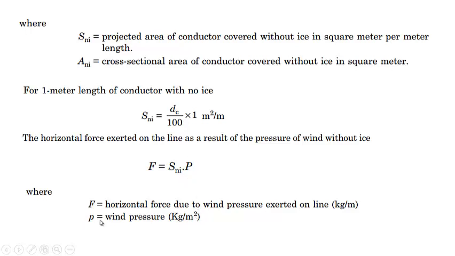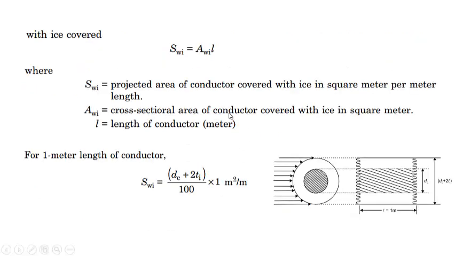So F is the horizontal force due to wind pressure exerted on the line, and p is the wind pressure given in kg per meter square. Since this is in kg per meter square, we are multiplying this meter square by meter, so we get the total weight due to wind in kg per meter. So that is what we have to count.